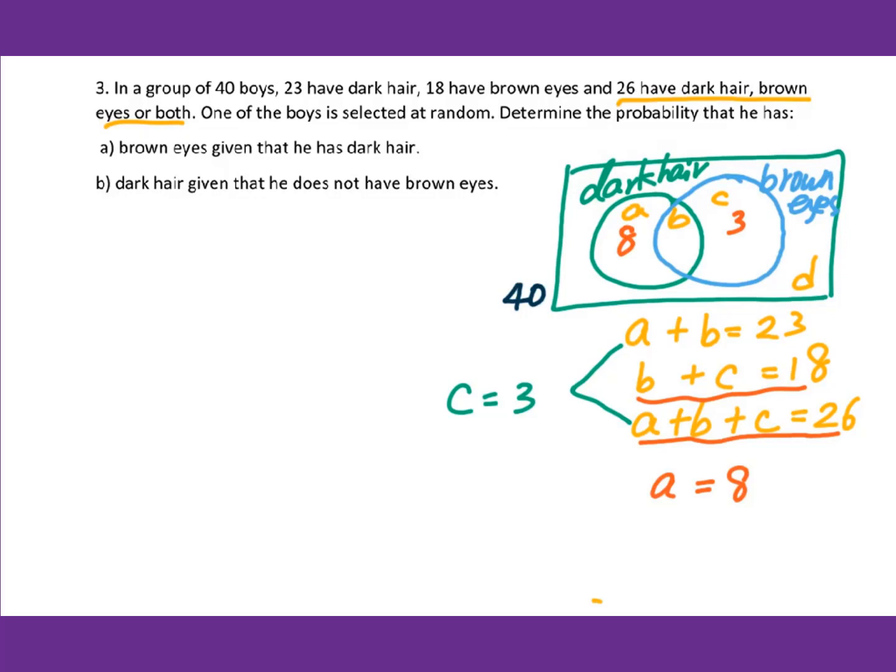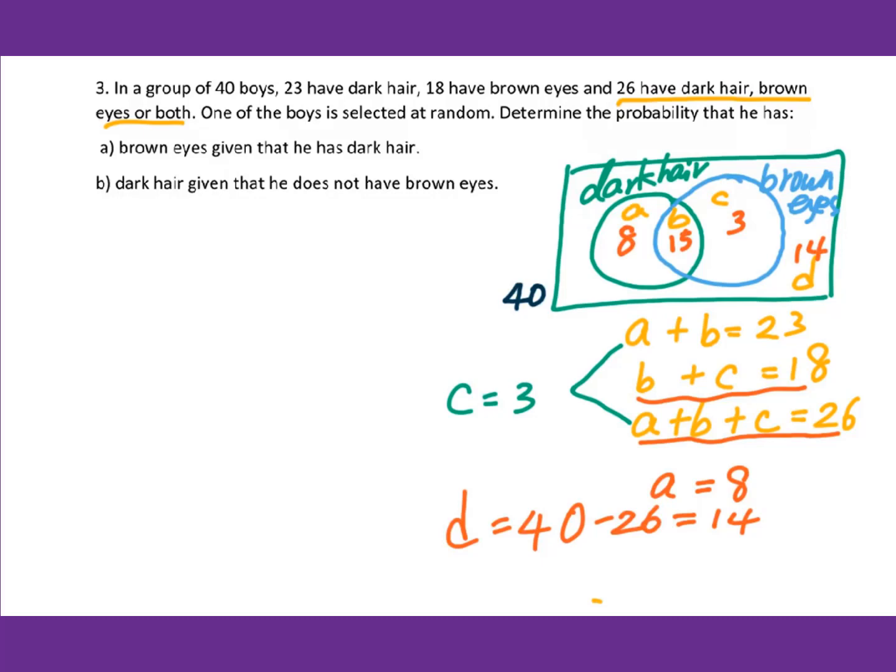So 23 minus 8, that is 15. Then for the D, you got to do 40 minus 26. That will be 14. So here's 14.